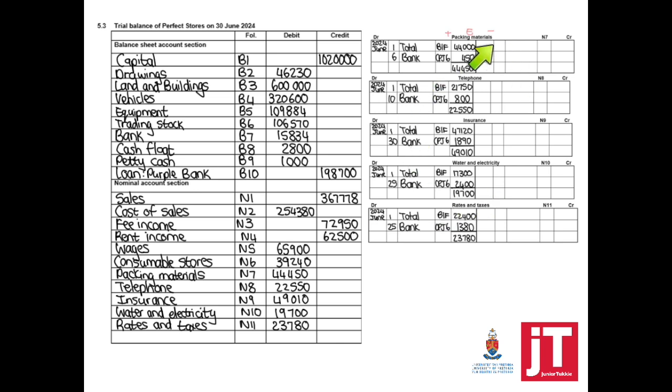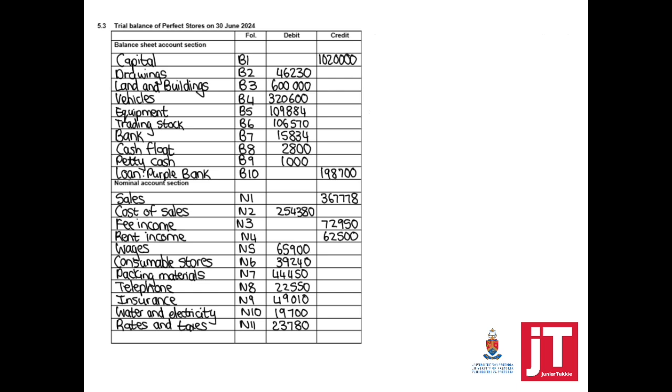Once we've done taking everything from the general ledger, our next step is to see if this whole process was done correctly, by adding the debit side, which includes the balance sheet section and the nominal account section. If I've done this correctly and I take everything on the credit side, those two figures should be the same.